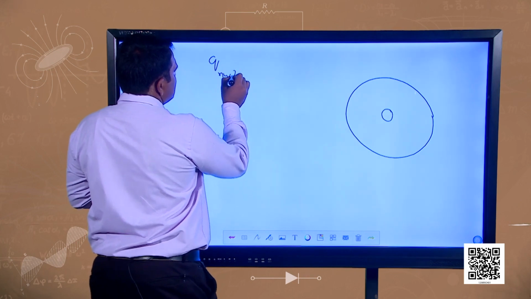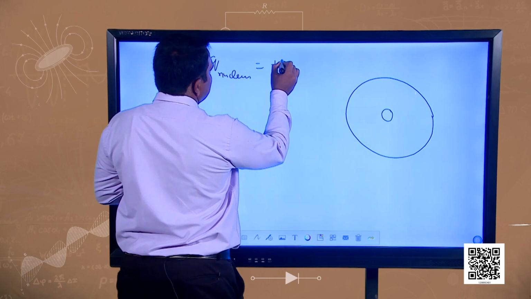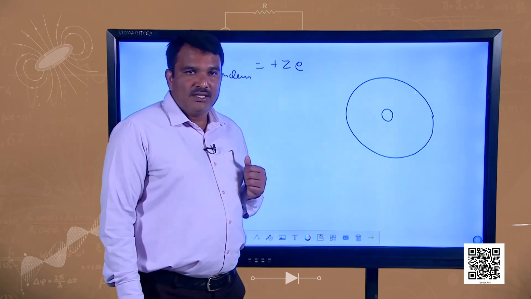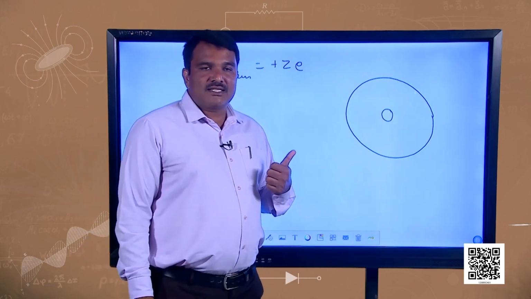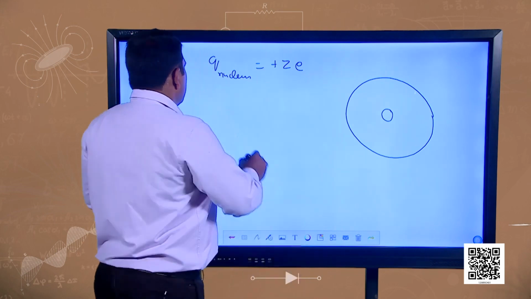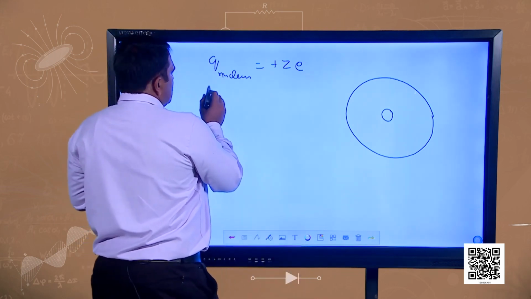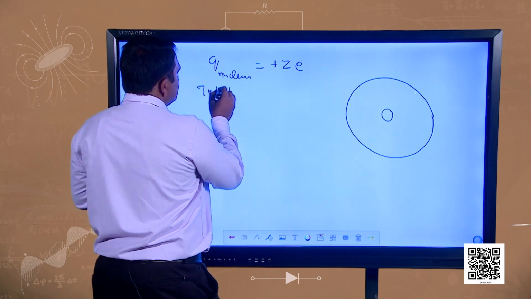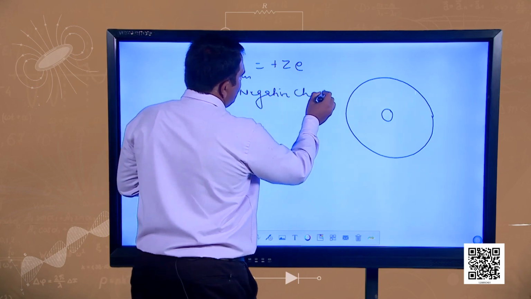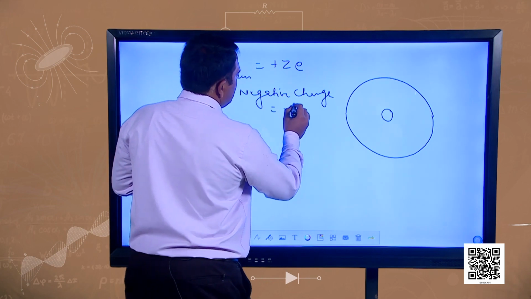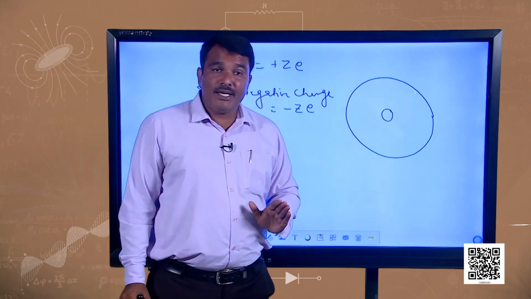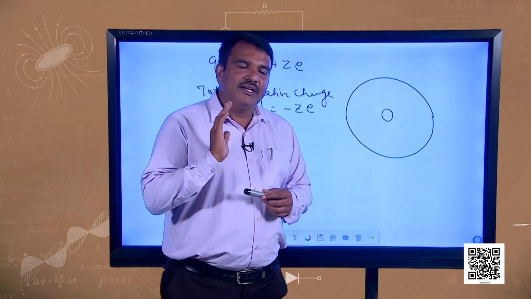The charge on the nucleus is plus Ze, and because we know that atom is electrically neutral, the total amount of negative charge which is around this nucleus, the total negative charge within this atom, should be minus Ze, because total charge of the atom should be 0 as the atom is electrically neutral.